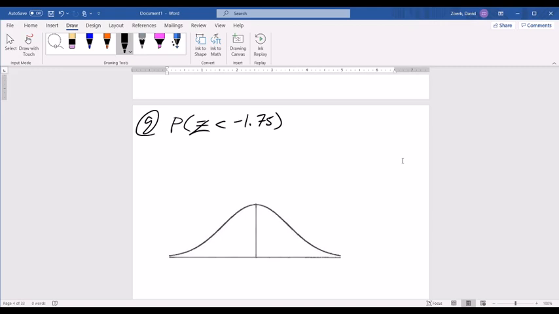So I want the probability that z is less than negative 1.75, which is saying I want the area to the left of negative 1.75. So here's negative 1.75, 0, double arrow, and this tells me where that area I'm going to want is located, which is to the left, because less than means left.